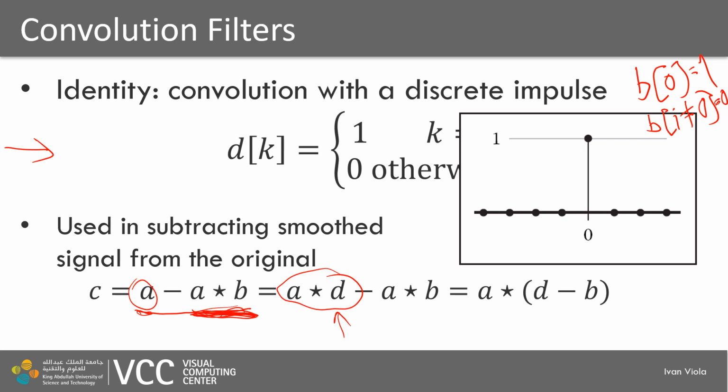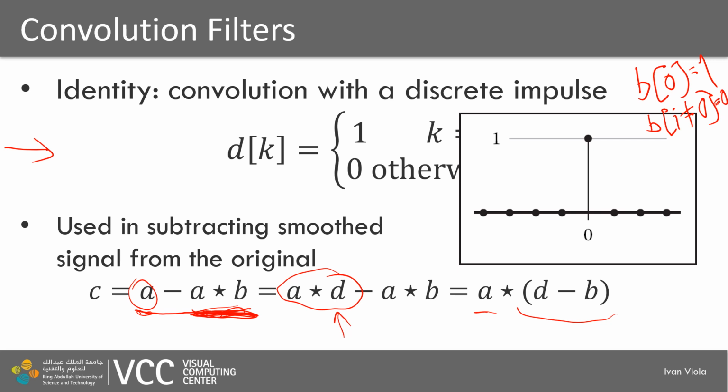But thanks to the distributivity principle, we can now reformulate it in such a way that we have our input signal, and then we have a new kernel, which is computed by subtracting the B filter kernel from the identity filter kernel.